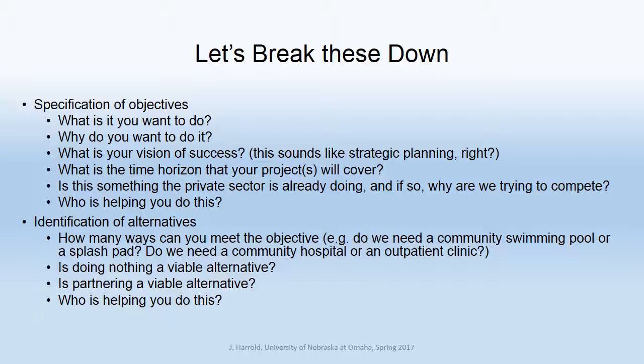Is doing nothing a viable alternative? It might be. Is partnering with, say, the private sector or the nonprofit sector or both a viable alternative? And finally, again, who's helping you to do this? How are we involving the community, for example, in this effort?